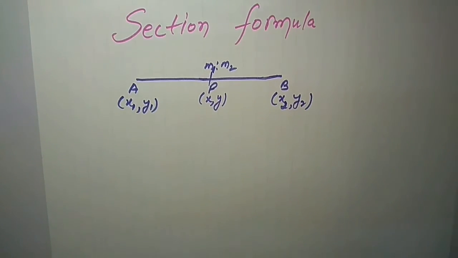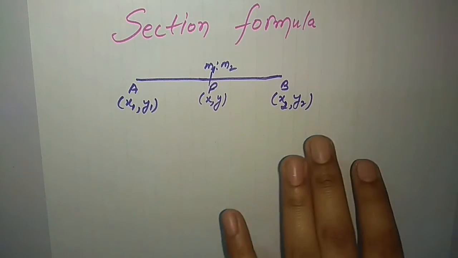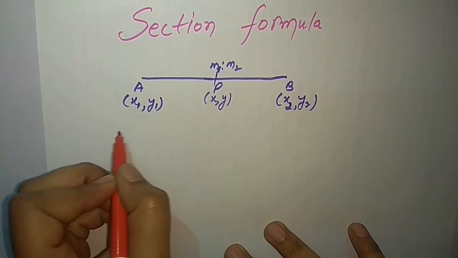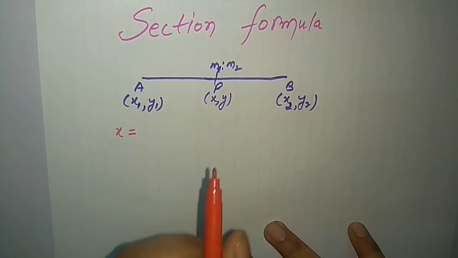Now if we know the coordinates of A and B and we know the value of the ratio, then we can find the coordinates of P by using the section formula. And the formula is, how to learn this?